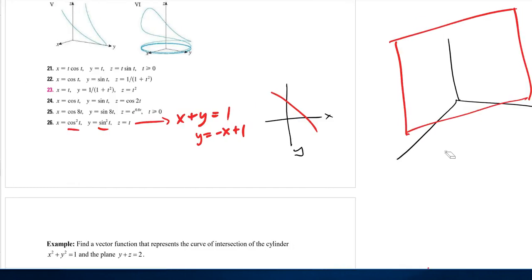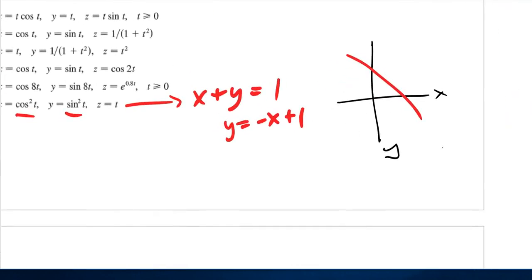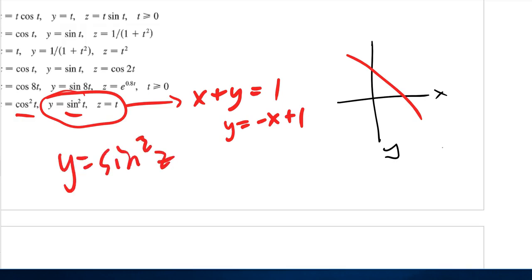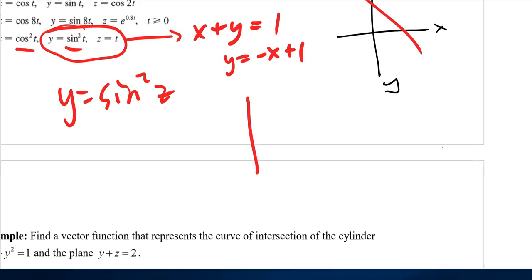Now, if you look, z and y are related. Z and y are related. Let's see, y is sine squared of z. Now, if you've never seen sine squared before, it really just looks like sine, but it bounces up and down.